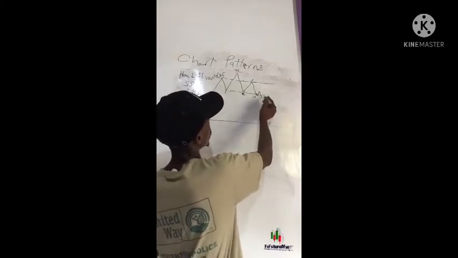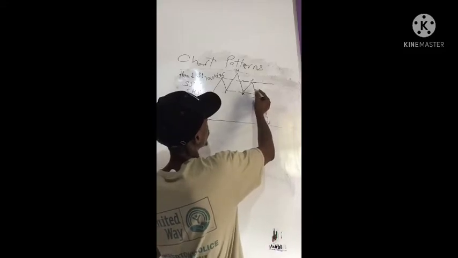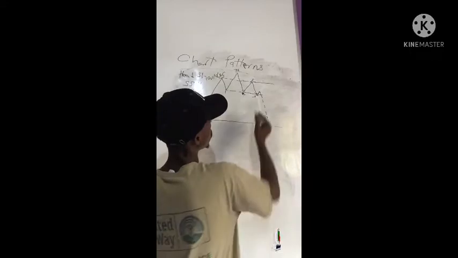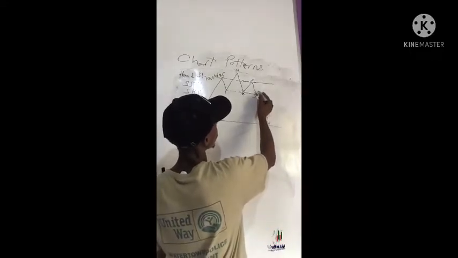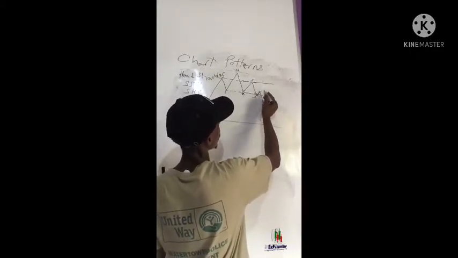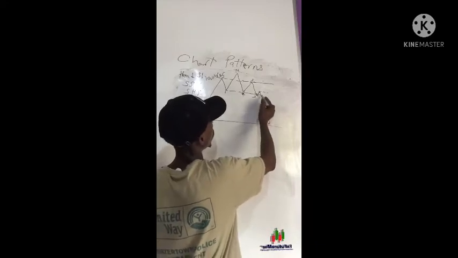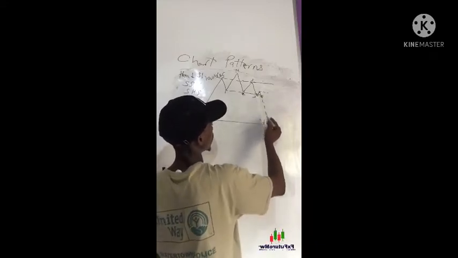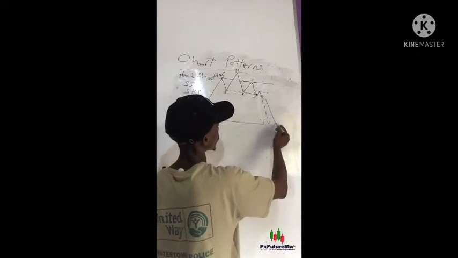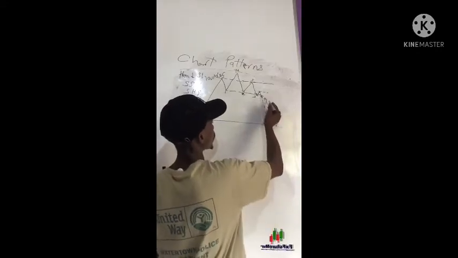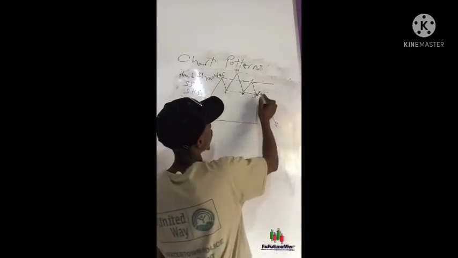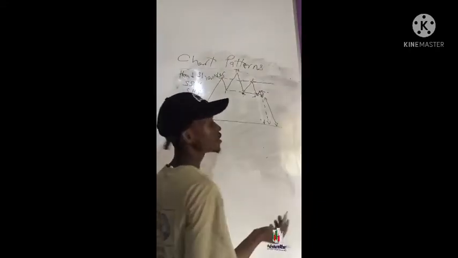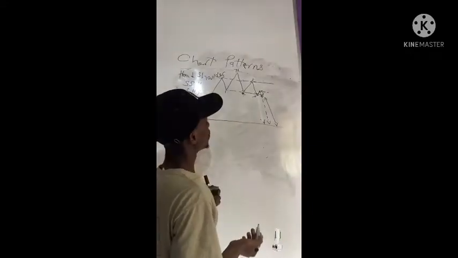So if you see this as a trader, and you see it breaking out, you look at this, and then you put your stop loss under here, and then you buy maybe here if you're a smart trader, and then this is all your reward. So this is how much you're going to earn, and this is how much you're going to risk.